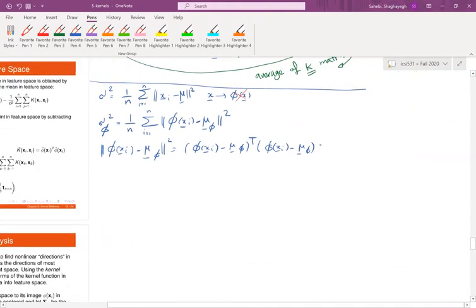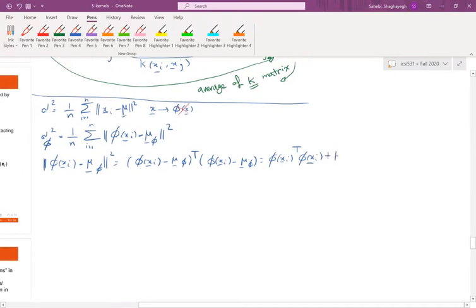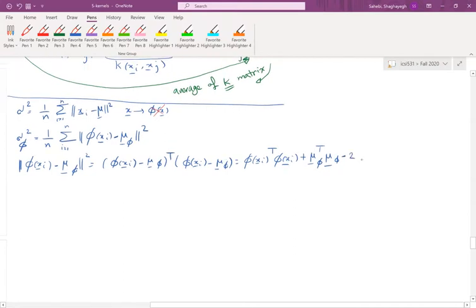What is this? Let's open this up. It's equal to phi of xi transpose phi of xi, plus mu phi transpose mu phi, minus 2 phi of xi transpose mu phi.